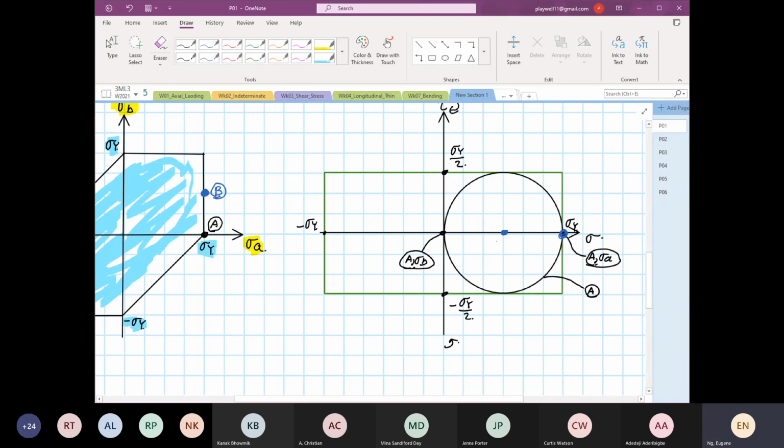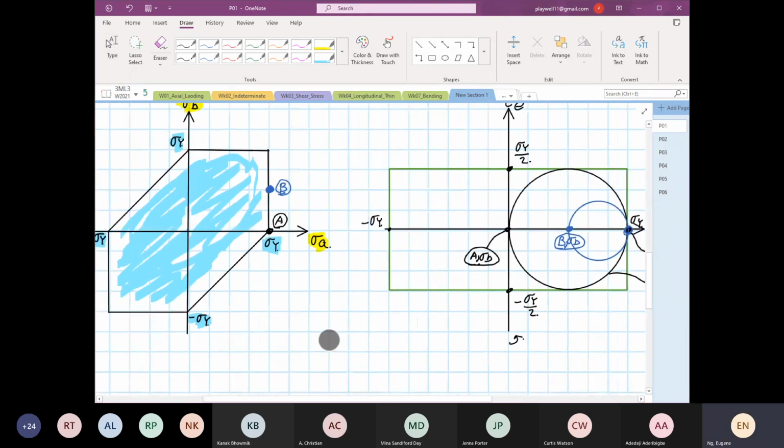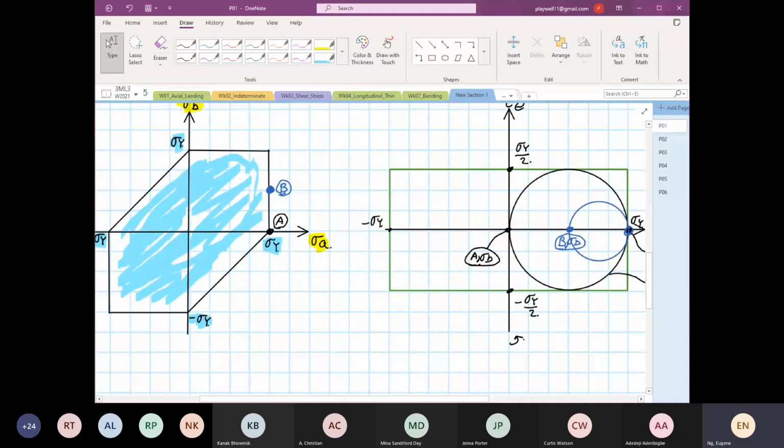So this is B condition for stress B. Now if I were to draw the circle, it is still within the operating boundary. Still within it.